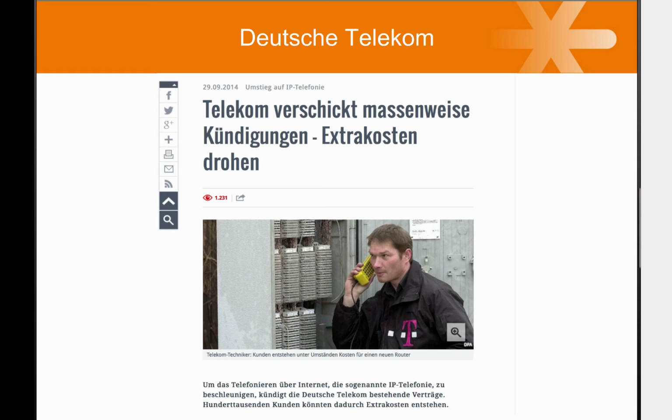So you get a letter from the German Telekom that they want to quit the contract of your analog or ISDN system and would like to port you to their voice over IP system. If you do not want to use their VoIP, they just quit the contract. So this is definitely something which could also happen in other countries. The German Telekom, for example, is pushing approximately 60,000 old phone connections per month to voice over IP.